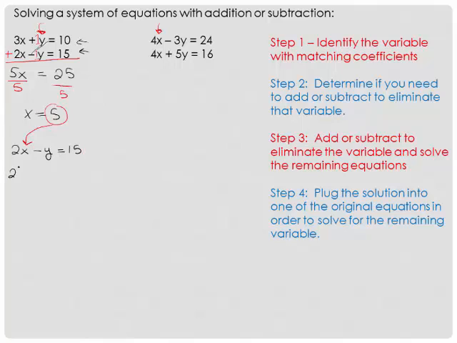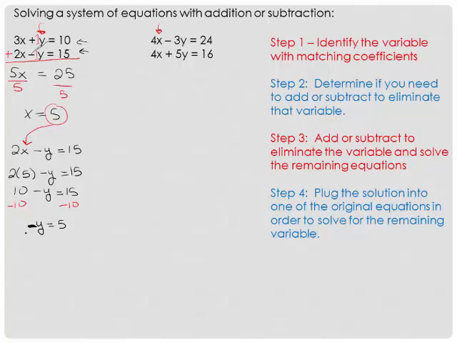That gives me 2 times 5 minus y is equal to 15. So I have 10 minus y is equal to 15. Subtract 10 from both sides, and you get negative y is equal to 5.